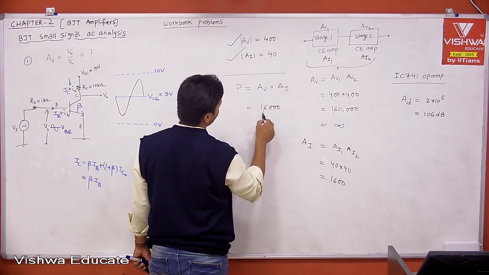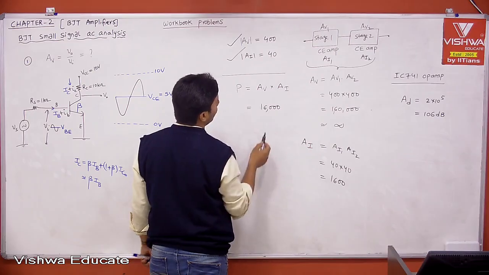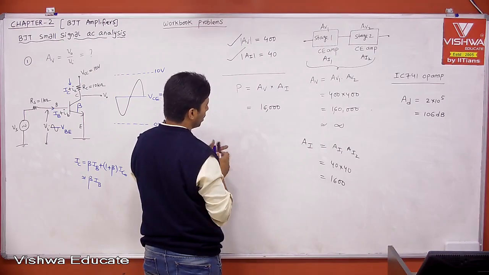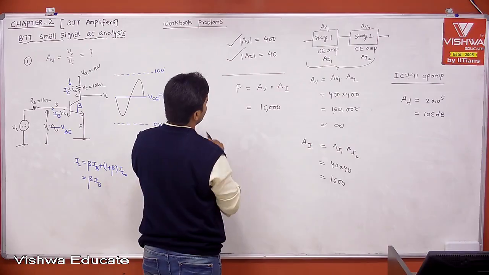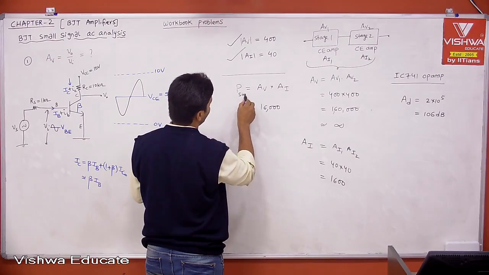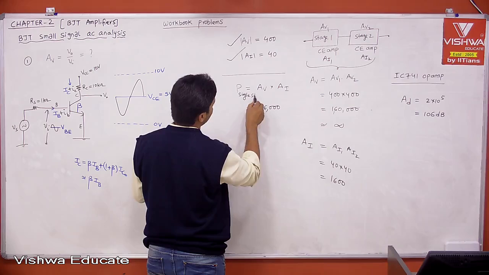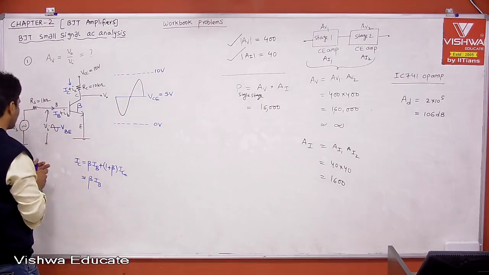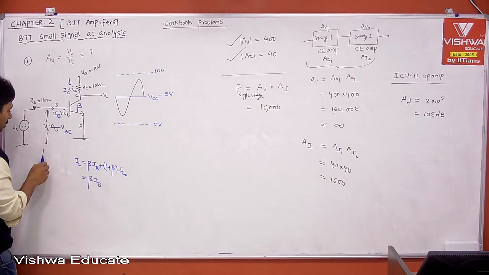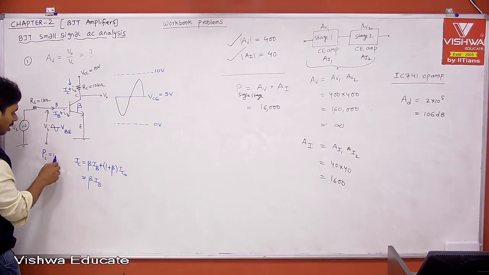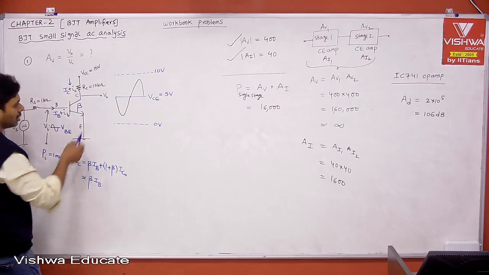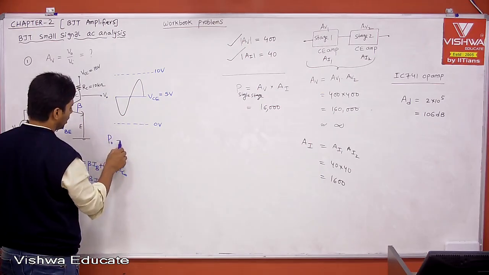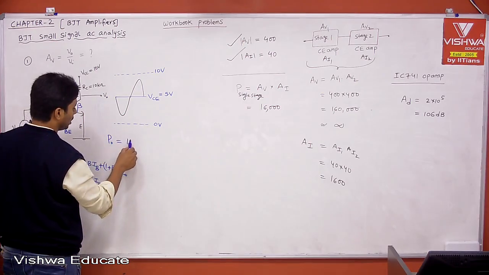What do you mean by 16,000? This is single stage power gain, and single stage power gain of 16,000 is too significant. Therefore, what does it mean? If your input signal power Pi is 1 milliwatt, then your output signal power P0 will be 16,000 milliwatt, which is 16 watt.